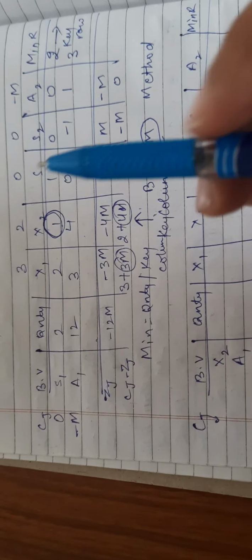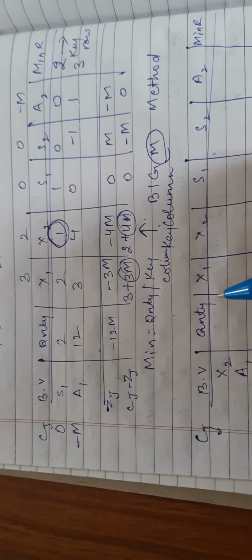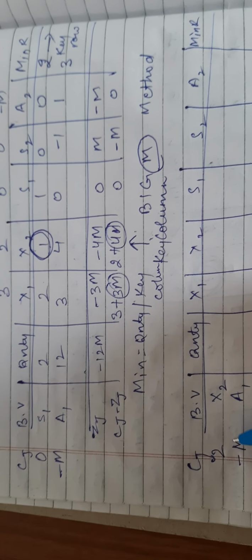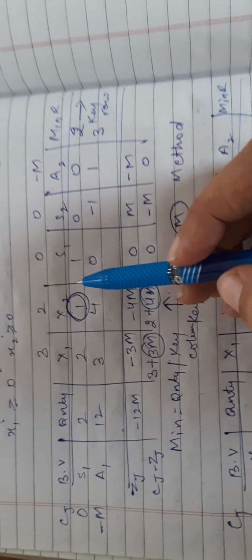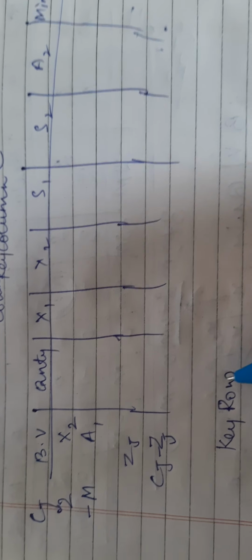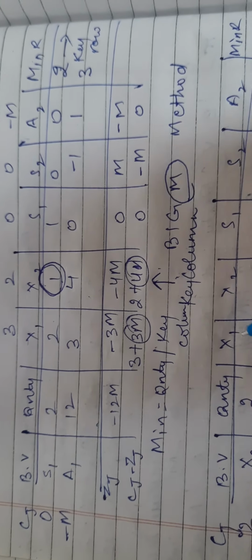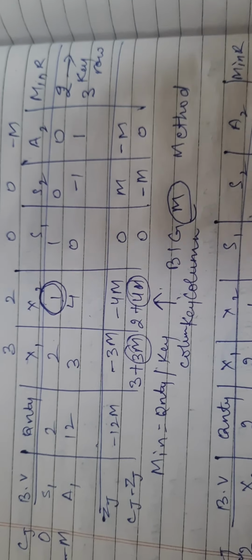In the objective function, the value of x2 is 2 and here it is minus M. For the key row, the elements are always divided by the key element, so it is 2, 2, 1, 1, 0, 0.